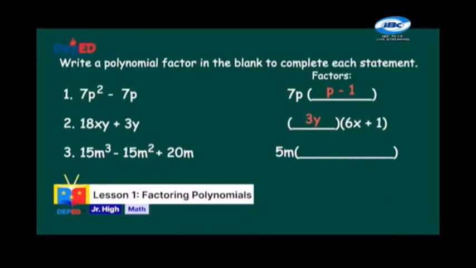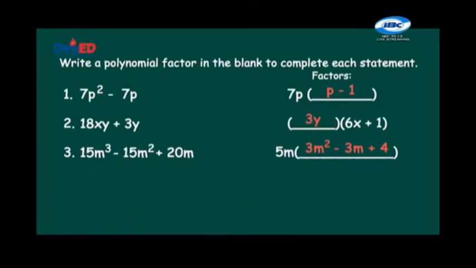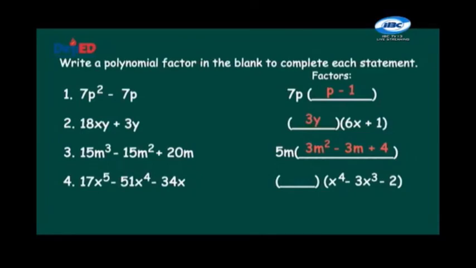The polynomial factor in this item is 3m squared minus 3m plus 4. Number 4, 17x raised to 5 minus 51x raised to 4 minus 34x in factored form is blank times the quantity of x raised to 4 minus 3x cubed minus 2.